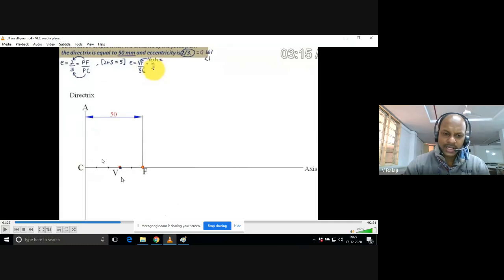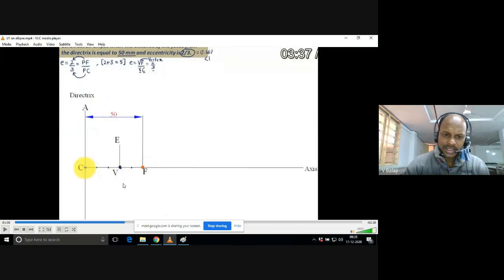Now after locating the vertex point, you need to draw one more perpendicular line from the vertex. How much length VE? That depends on the distance of VF. So take VF distance equal to VE.